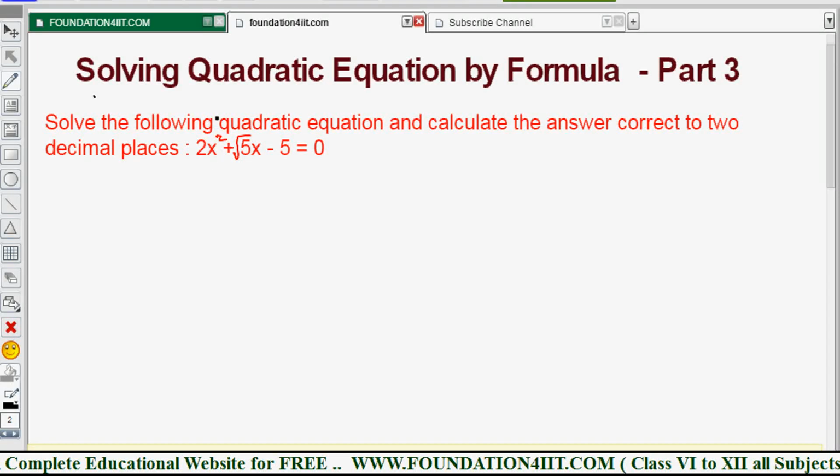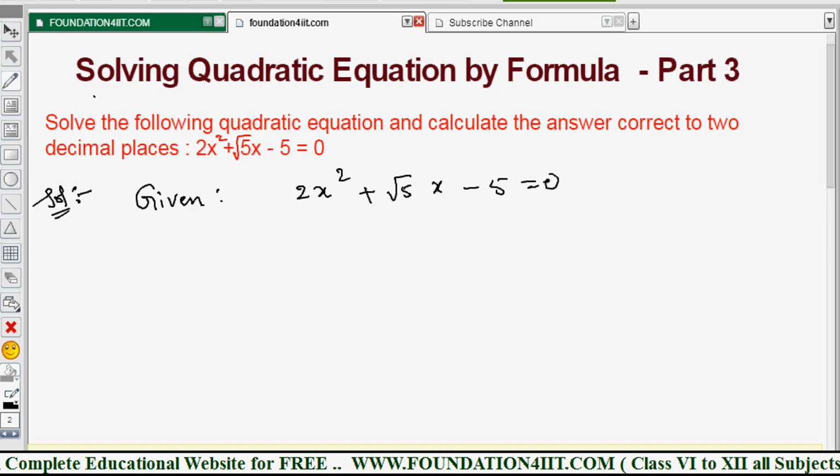So here is 2x square plus root 5x minus 5. How to solve the quadratic equation by formula? This type of quadratic equation we will solve now. So here is the given question. x coefficient, we have the square root number, right? That is 2x square plus root 5x minus 5 is equal to 0.